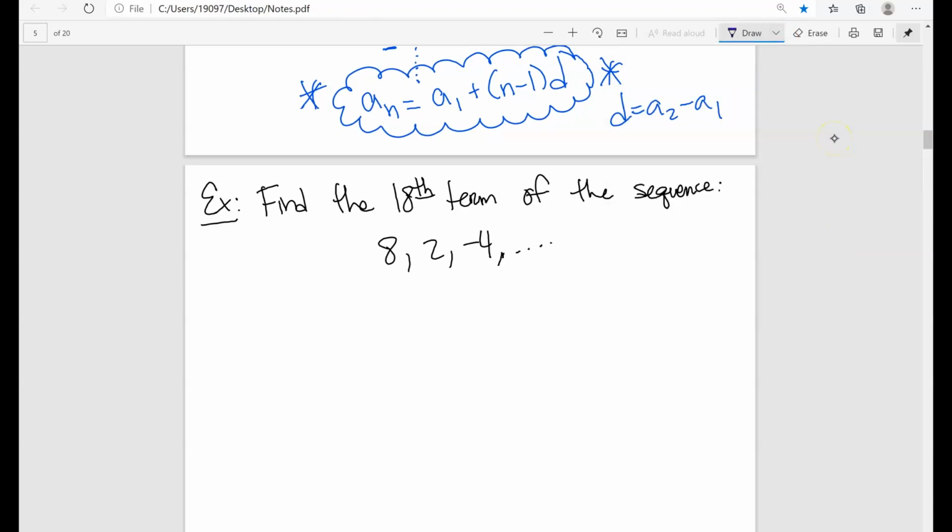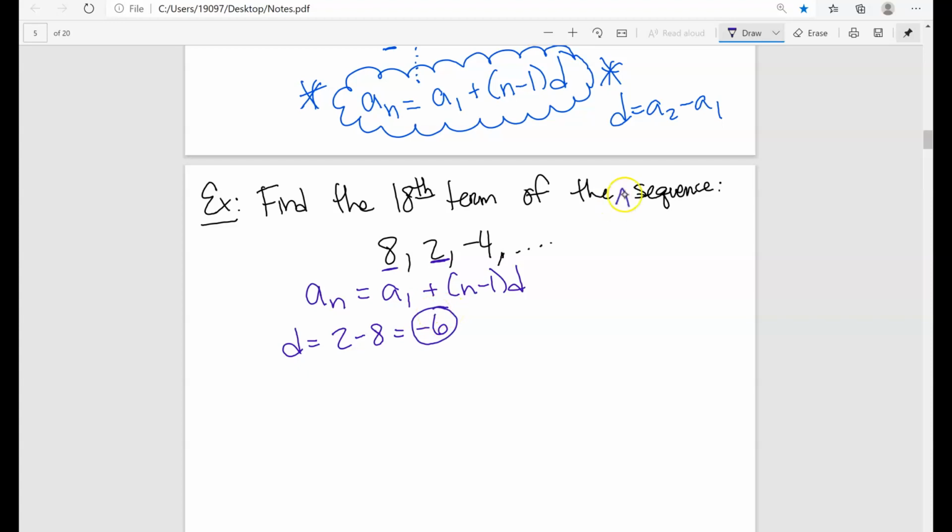So the first thing that we're going to do, let's write down the formula. an equals a1 plus n minus 1 times d. In this case, let's find what d is. d is going to be 2 minus 8. That's going to give me -6. Okay, so that means that this is going to be the common difference.